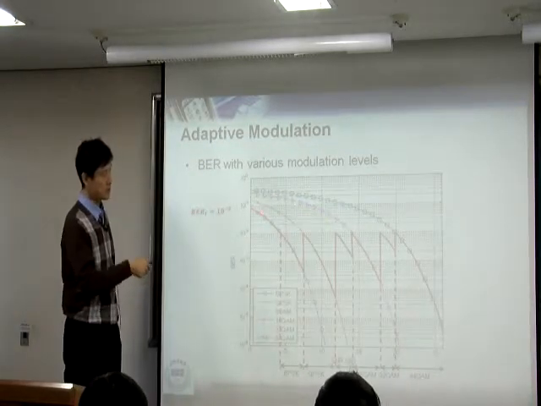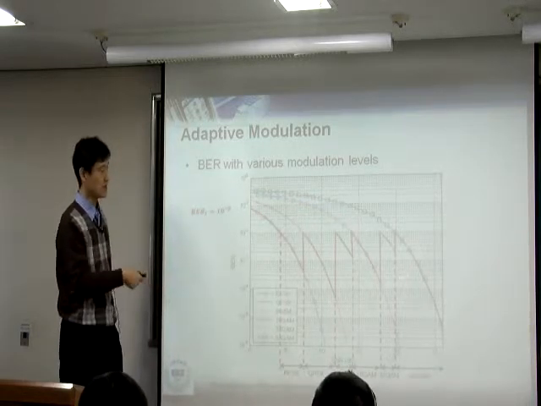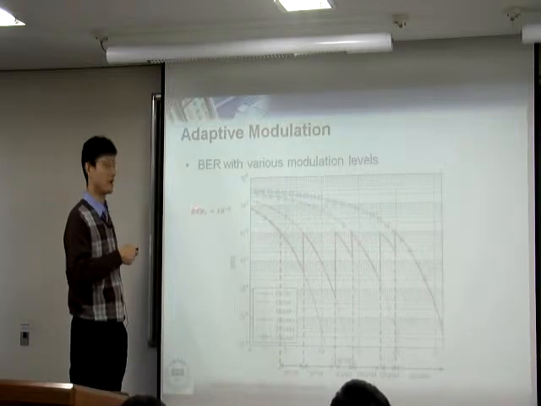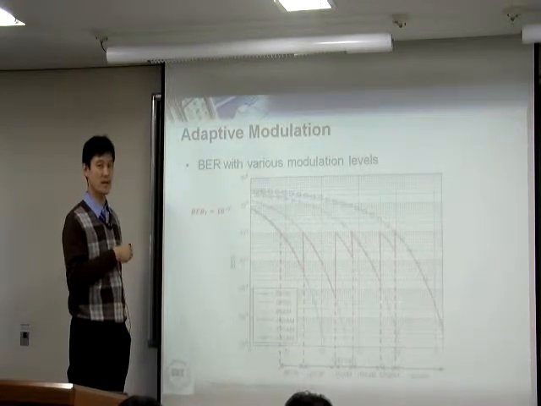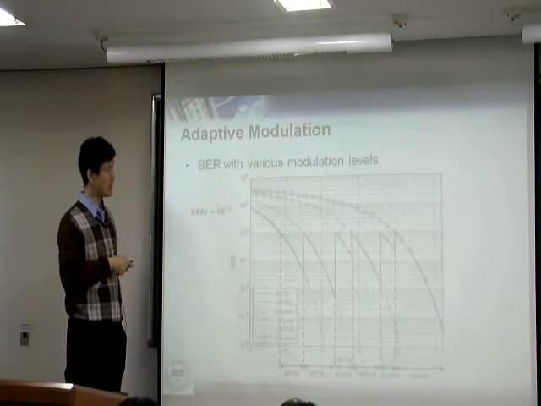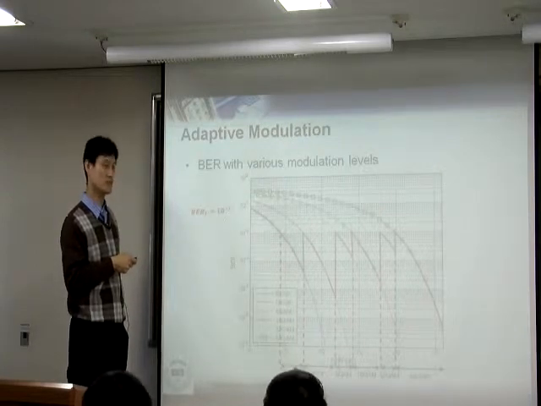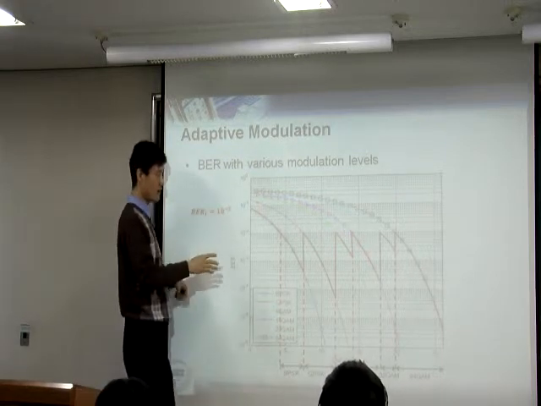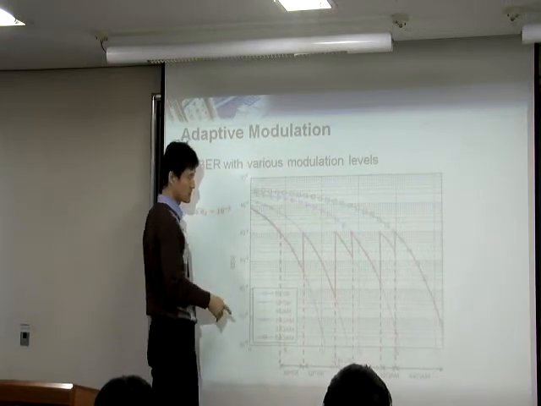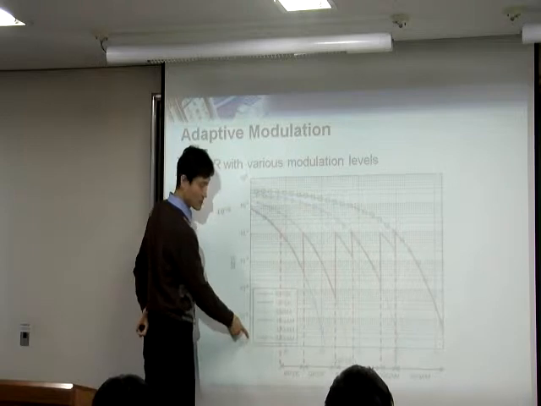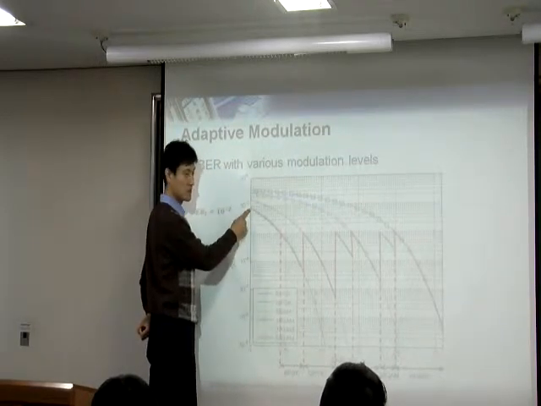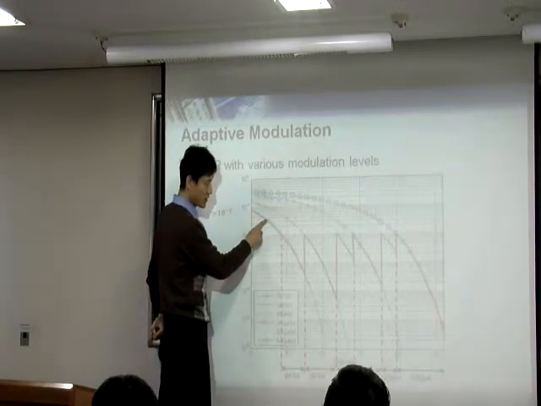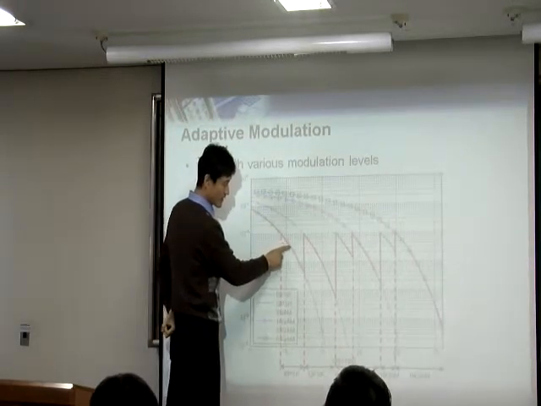So you plot all these things together like this one. Now, we also talked about the target bit error rate, right? As an example, let's say our target bit error rate is 10 to the minus 2. Just an example, okay? In that case, let's try to follow these graphs. Initially, when you have SNR 0, we start from here, the lowest modulation, and then go along this curve, right?